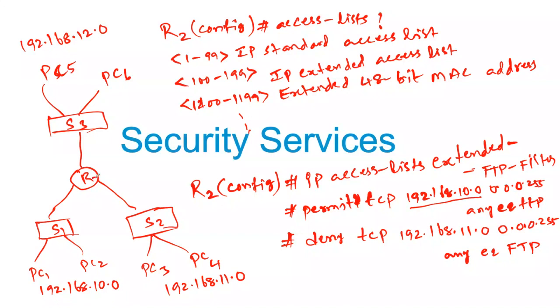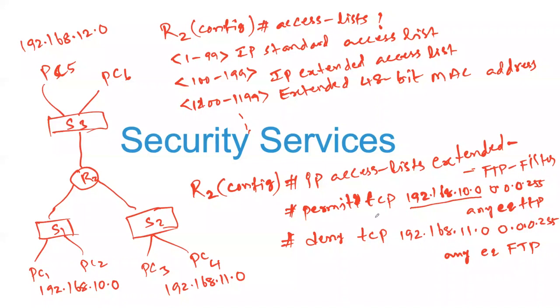Let us assume this is router 2. As a network administrator, when you configure router 2, you configure the IP access list, which is an extended list, for FTP filtering. If you configure HTTP, then you get HTTP filtering, or DNS filtering, or any other service you need to mention and configure. In this case, we consider FTP filtering.